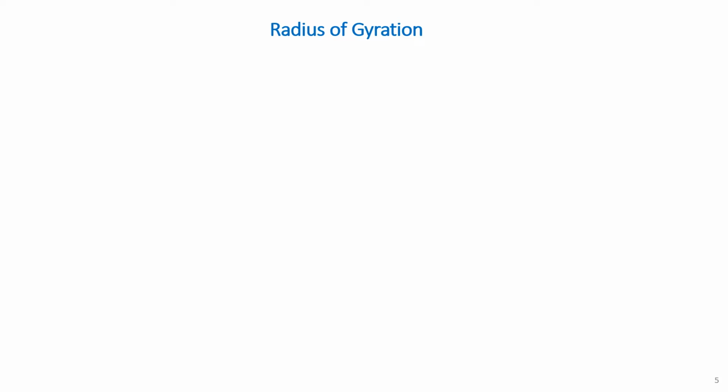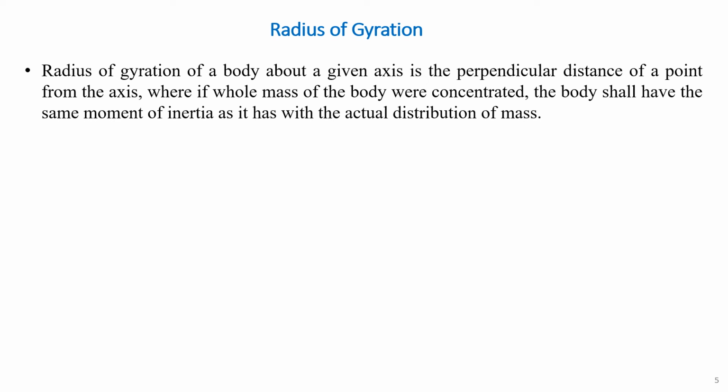Radius of gyration. Radius of gyration of a body about a given axis is the perpendicular distance of a point from the axis, where if the whole mass of the body were concentrated, the body would have the same moment of inertia as it has with the actual distribution of mass.